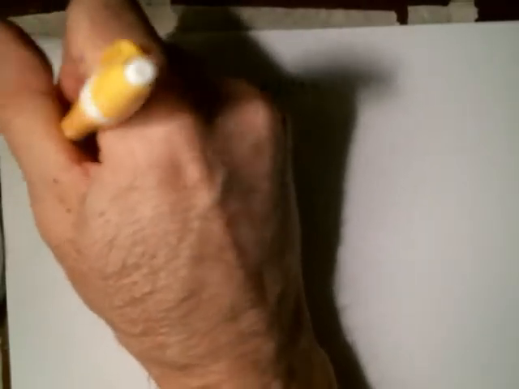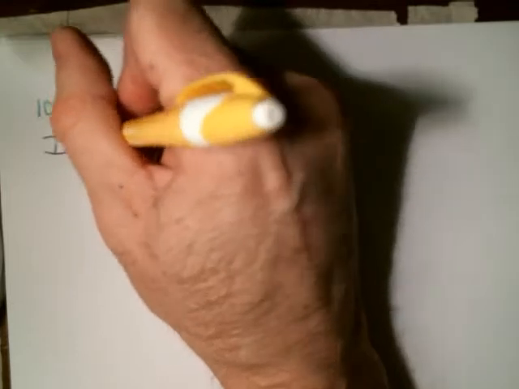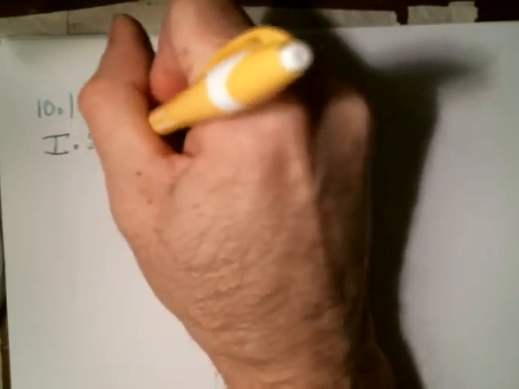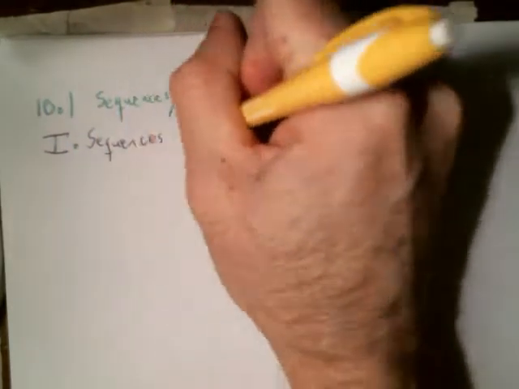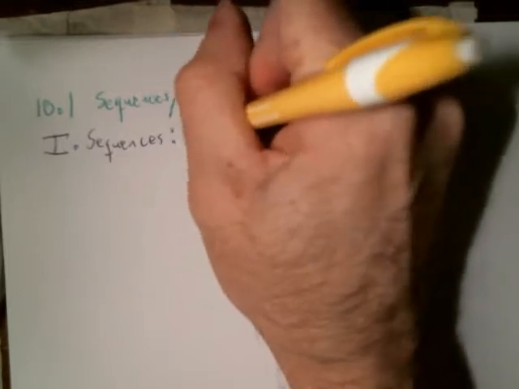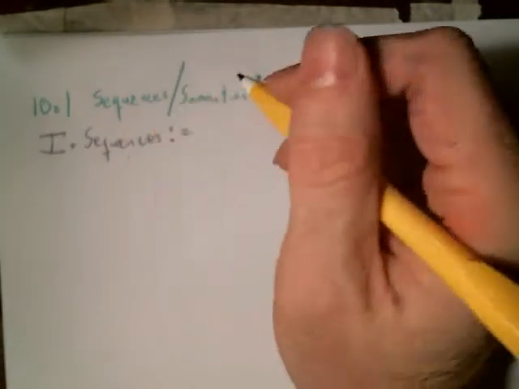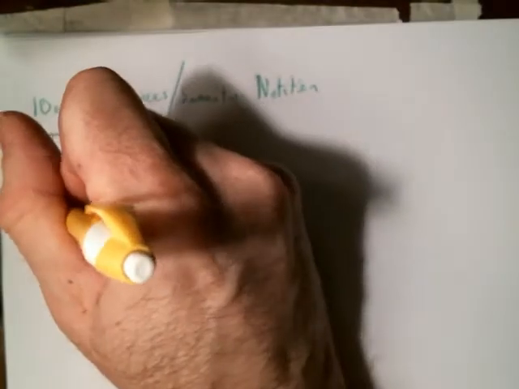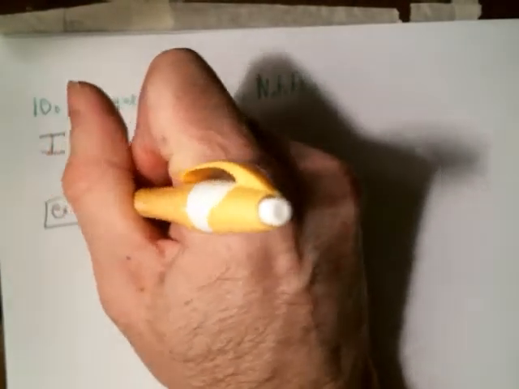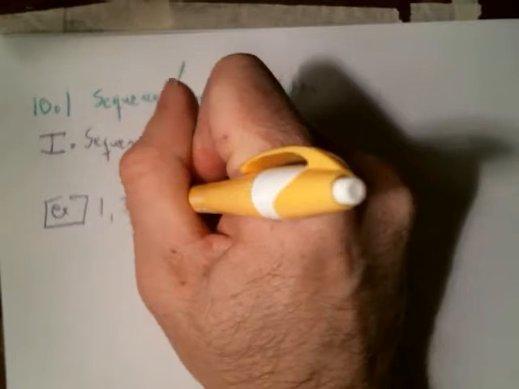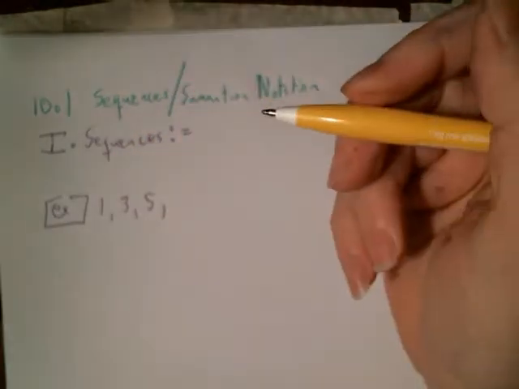We're all kind of familiar with sequences. If you've taken IQ tests online, you know the question, what's the next number in the sequence? Maybe the sequence is something like 1, 3, 5, and you have to pick the next number.